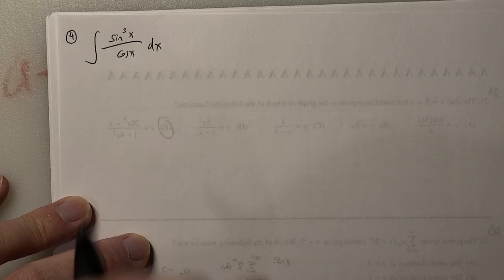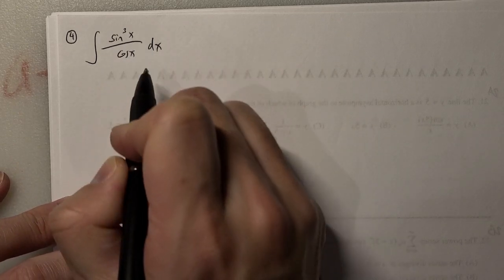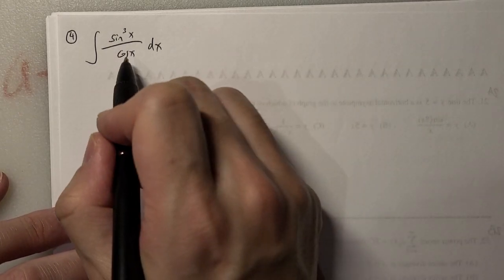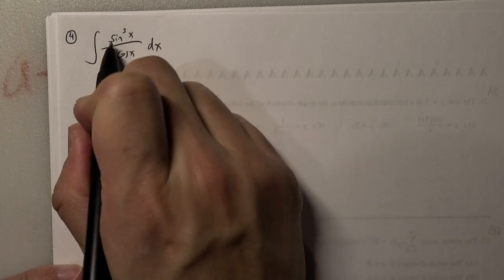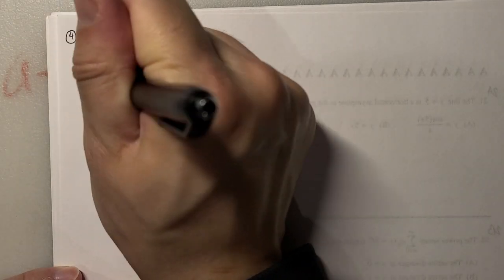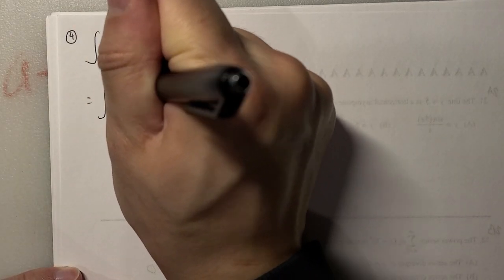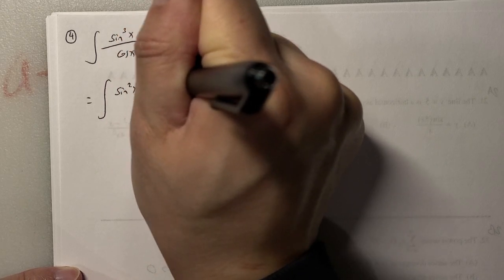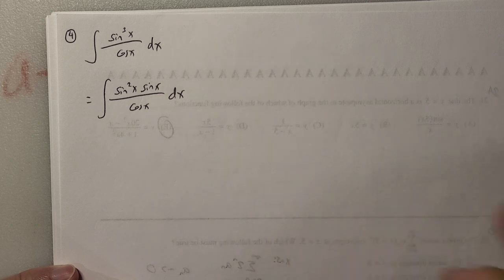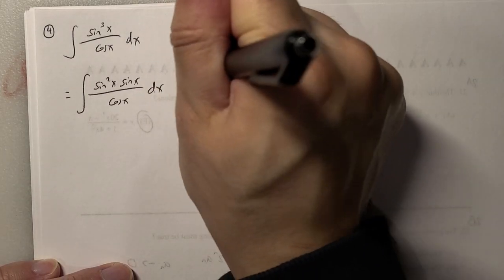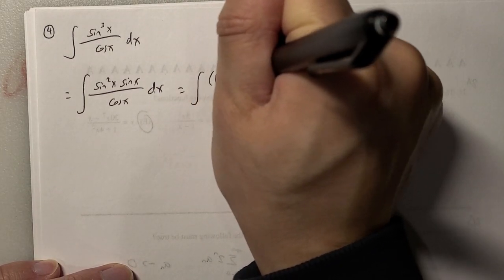Well, this isn't just a sine to some power times cosine to some power, but technically it is cosine to the negative 1 power. We can use a similar strategy. We can save one factor of sine out. For sine squared here, we can just change it in terms of cosine, so it'll be 1 minus cosine squared.